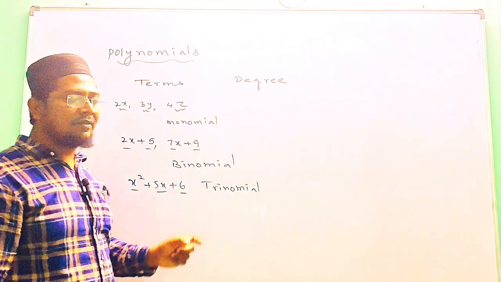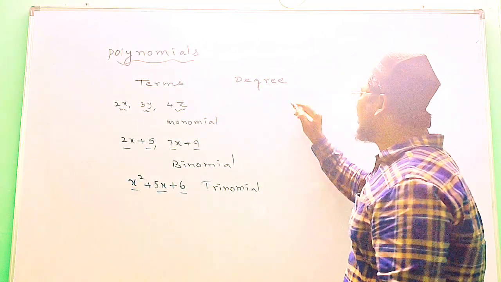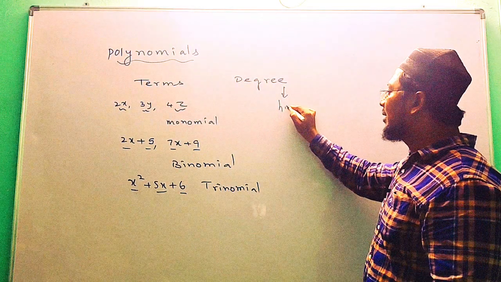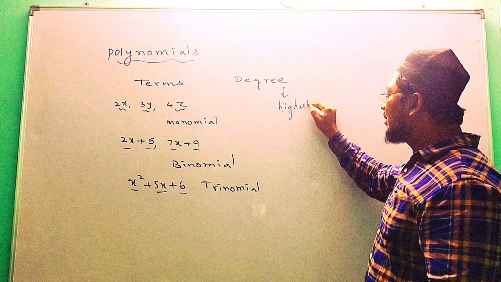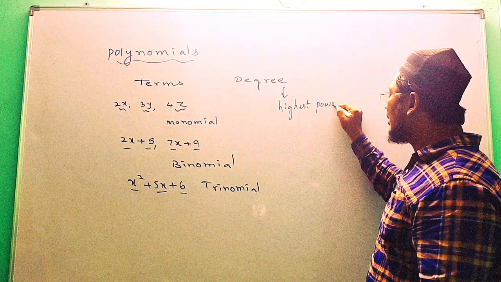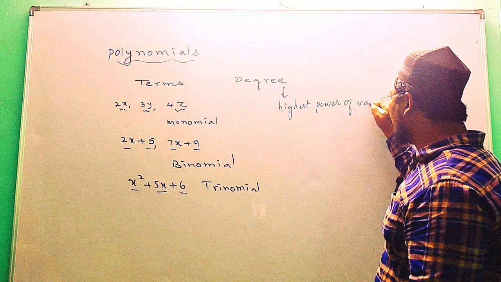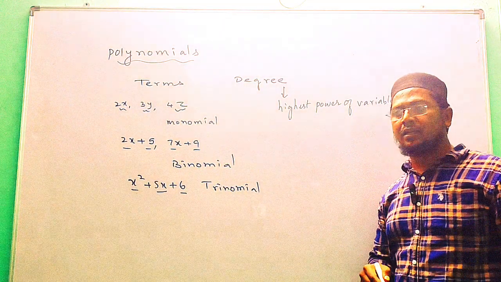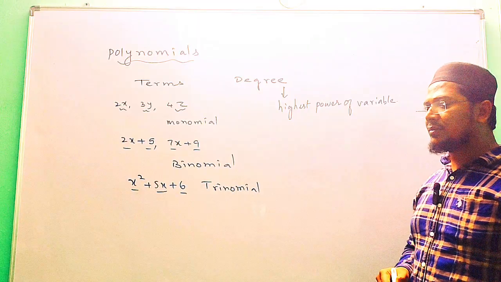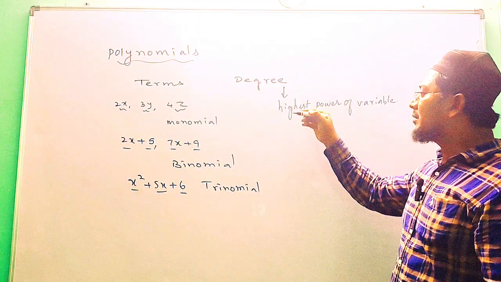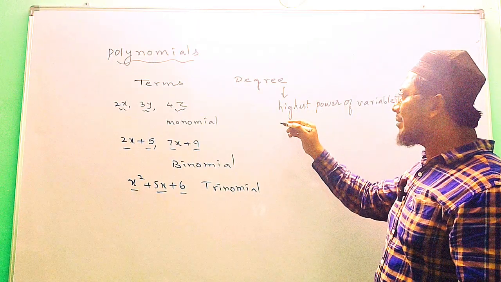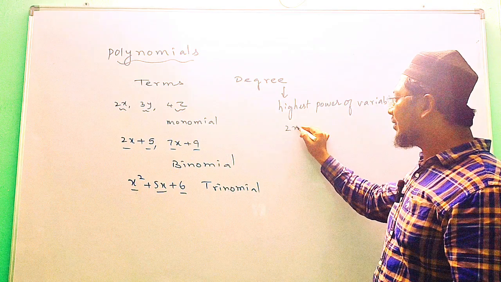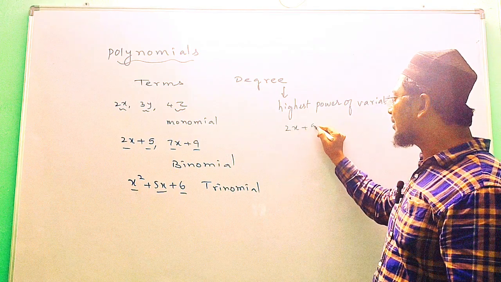Okay, based on degree we have to see. What is the meaning of degree? Degree is nothing but the highest power of a variable. Example, if any mathematical expression has degree 1, suppose 2x plus 5.